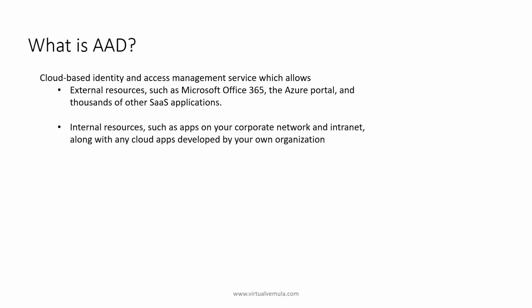When we talk about AAD, it allows you to create user IDs or groups, and we call this identity and access management. You use these user IDs and groups to give access to applications hosted on cloud, or applications that you have in-house, that you develop.